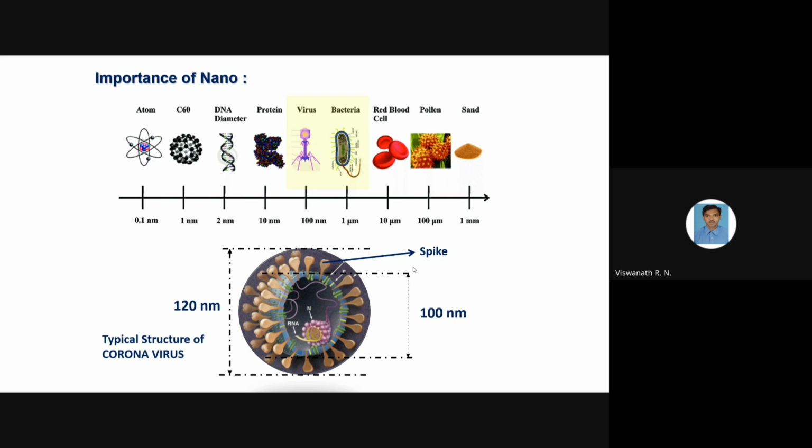But come to the virus. Since the virus diameter is very small, I already told, the smaller the dimension, the more surface atoms or more surface energy. So that is why for the bacteria, the configurations are fixed.